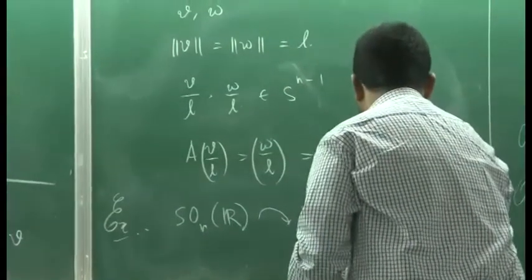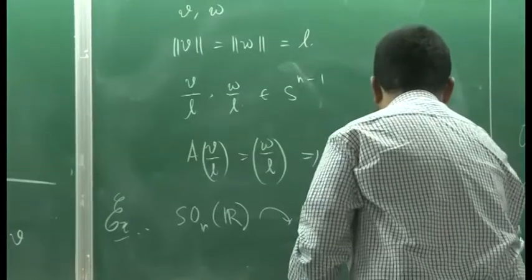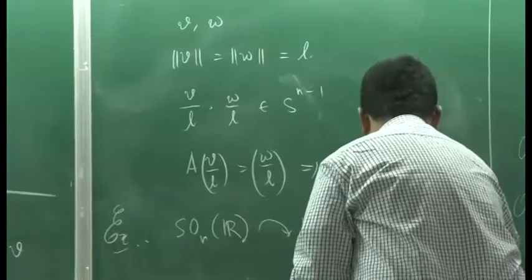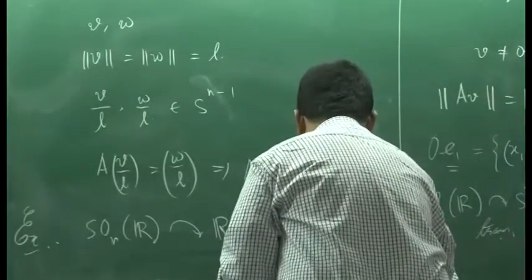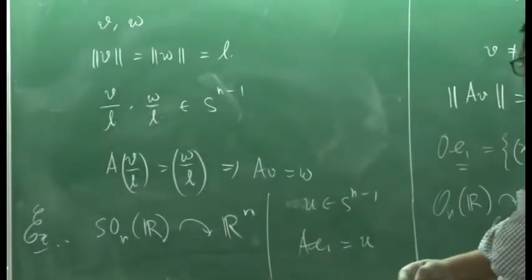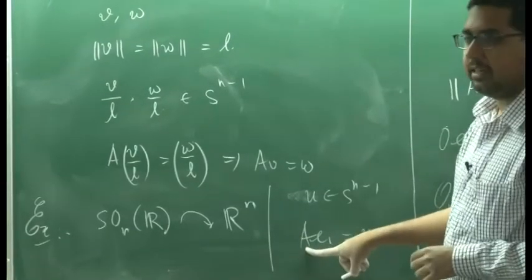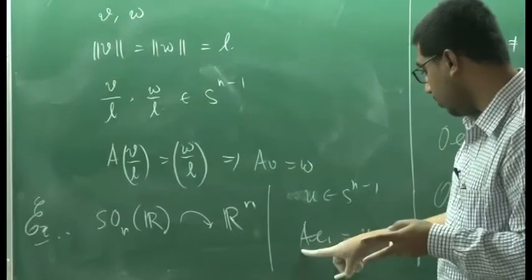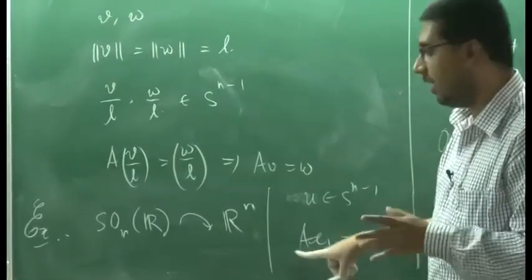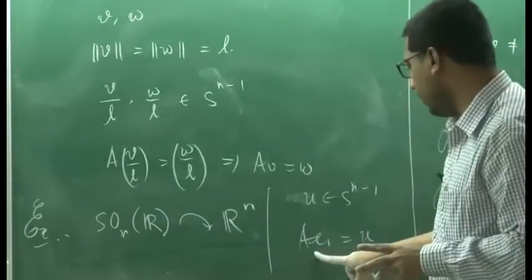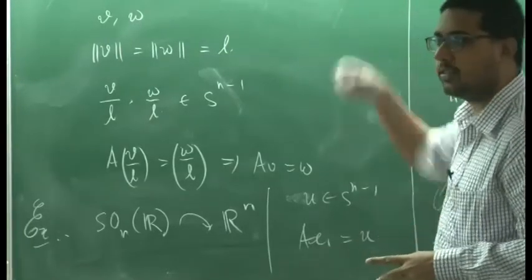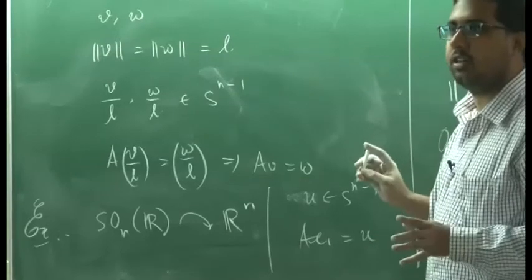If U is a unit vector, I have an orthogonal matrix A which sends e1 to U. An orthogonal matrix has determinant plus 1 or minus 1. If it is determinant 1, then we are done, and if determinant minus 1, then we can multiply any column other than the first column by minus 1, which will not change the orthogonality.